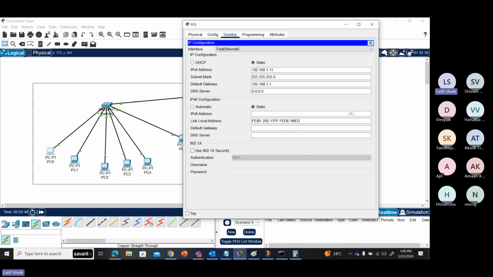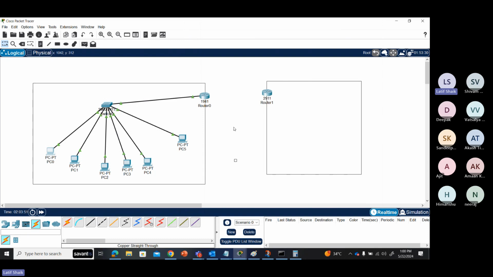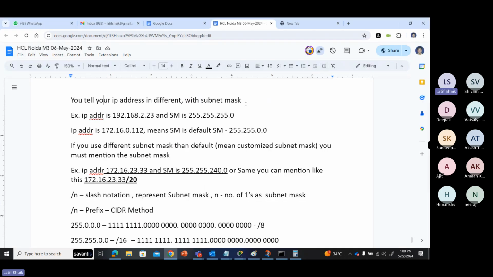Okay, so that type of thing is called a classful network, if you are using the default subnet mask. Generally, when you are telling an IP address, sometimes you have to configure an IP address, you have to give the IP address and subnet mask. Understand?